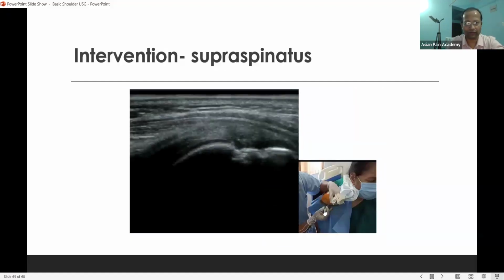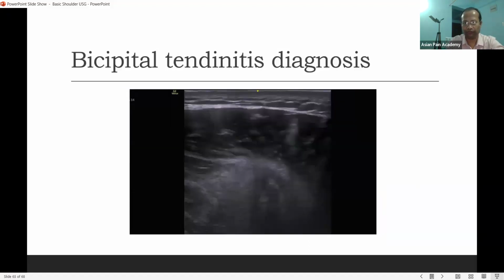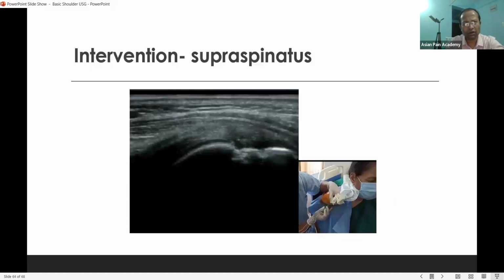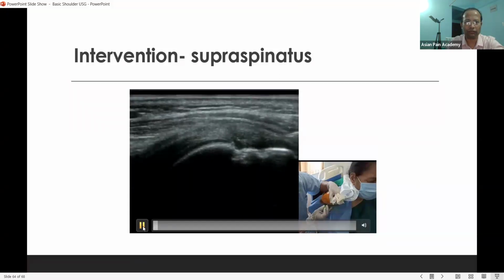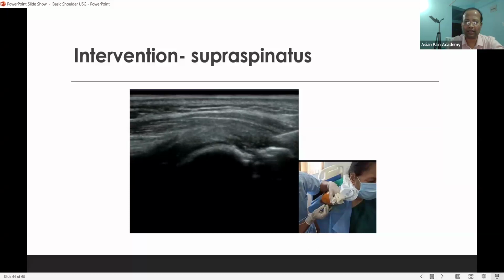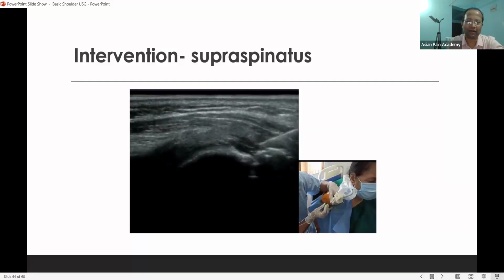It's already I have shown. Okay, so this is an intervention of supraspinatus. So this same patient, I am doing the intervention. I am going inside the tendon and injecting PRP.